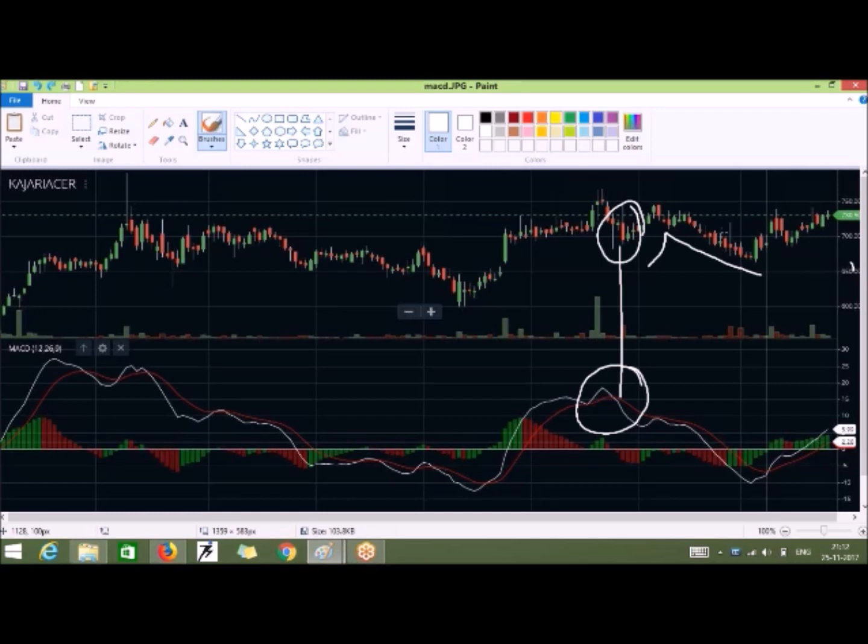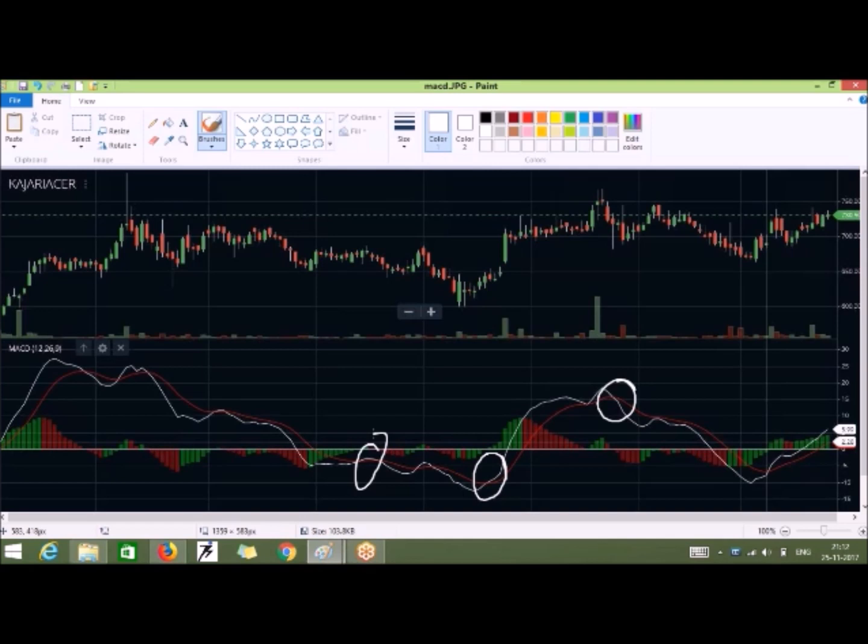One more thing that can be seen is the histogram, the histogram or bar graph, anything you can call it. The histogram is 0 at the time of crossover. Whenever the MACD line crosses the signal line, at this point, and this point also, the histogram becomes 0.